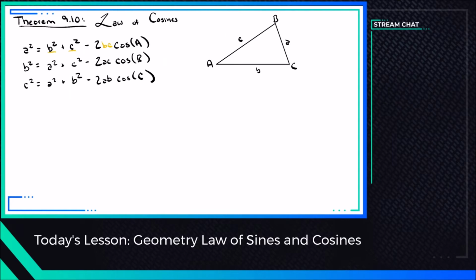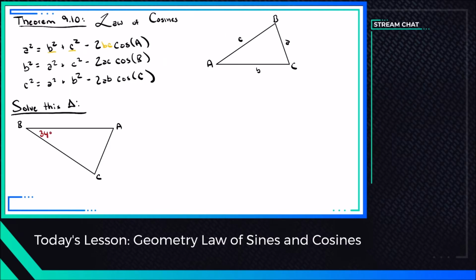And now you can use a combination of the law of sines and the law of cosines to solve triangles really, really quickly. And so why don't we go ahead and solve this triangle? So here's our triangle. Once again, triangle ABC. And angle B is going to be equal to 34 degrees.